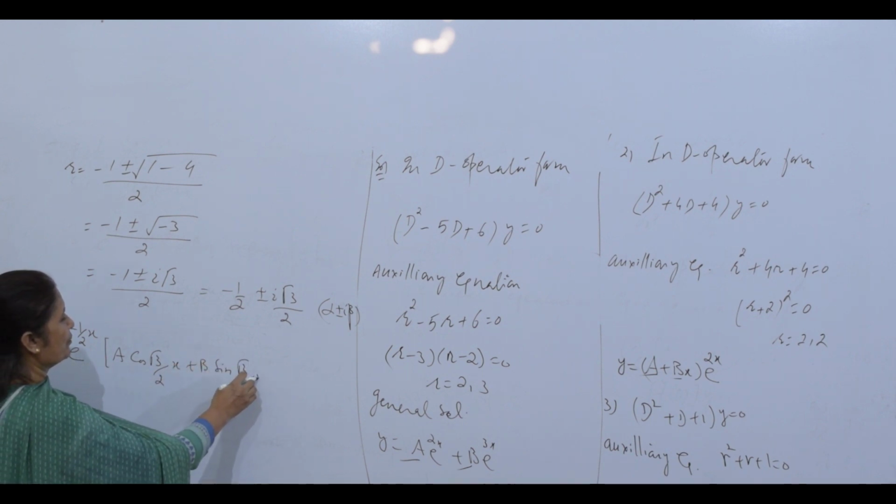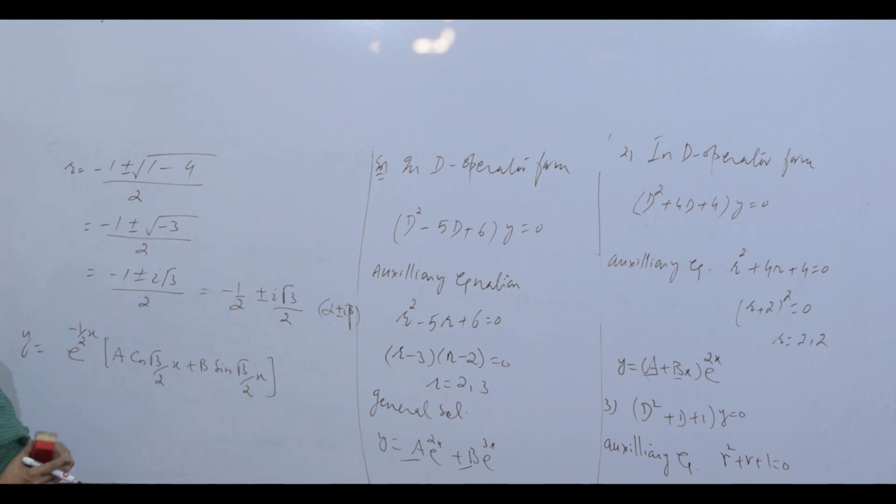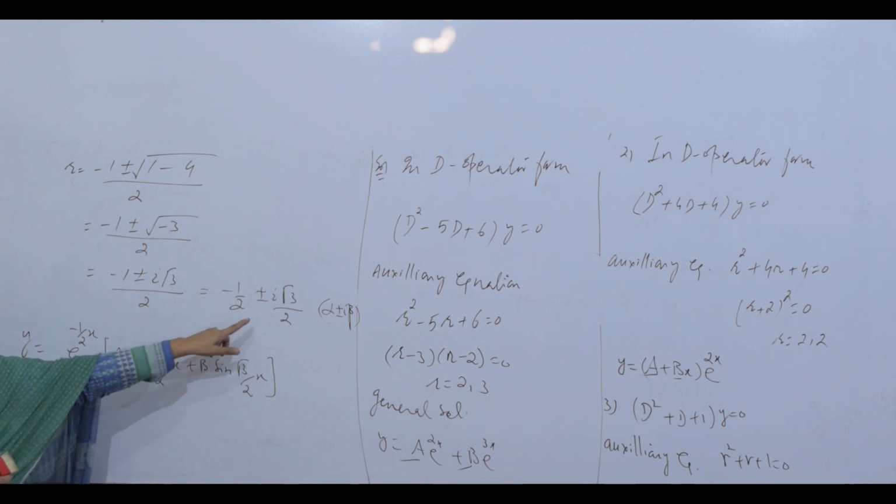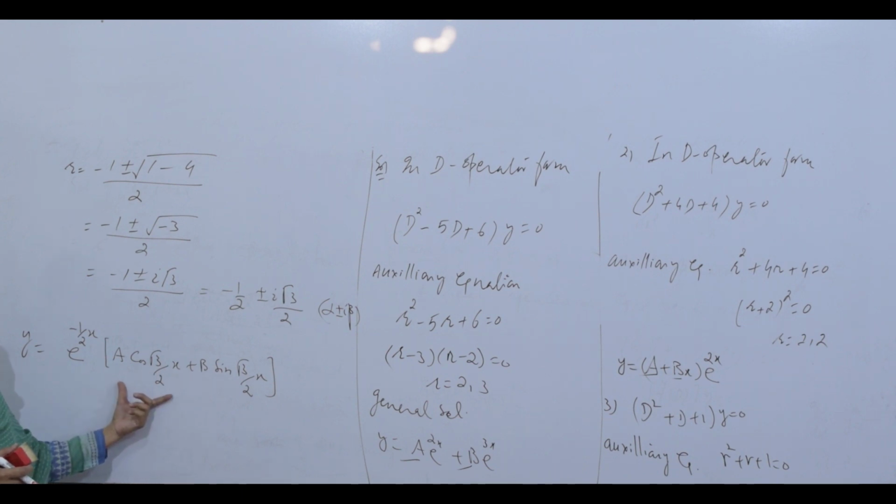You are not going to consider the minus sign here because that minus sign is adjusted in A and B, because they are constants. This format is giving you the solution, so you have to write it with plus.